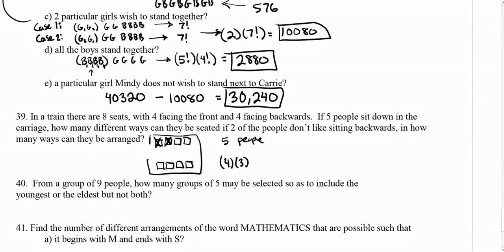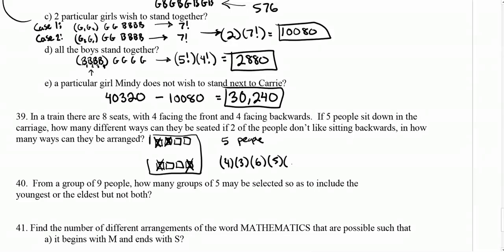So now there are 6 seats left, and there are 3 people left. So the third person walks in and doesn't care where they're going to sit, so they have 6 options. Let's say they sit right here. And then the 4th person walks in, there's 5 options. Let's say they sit here.